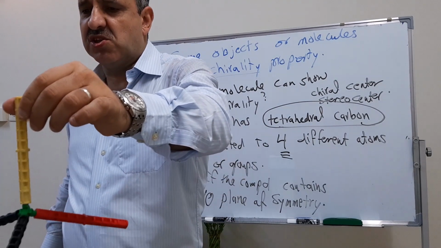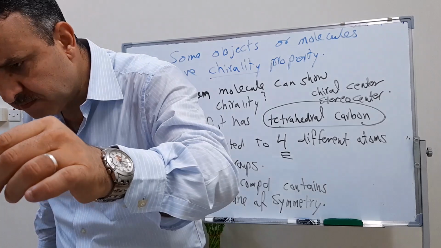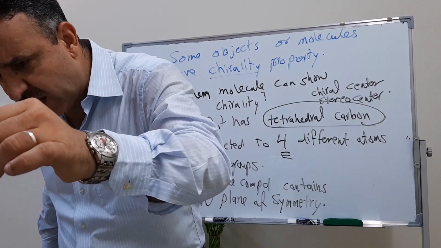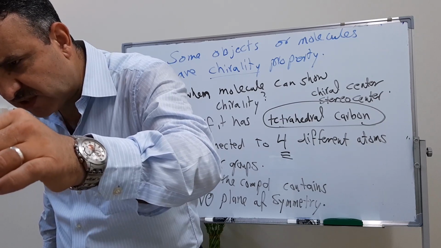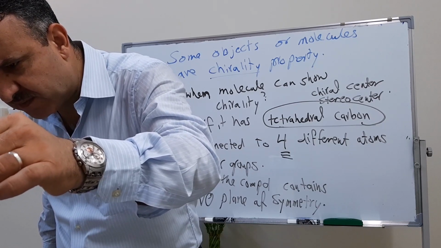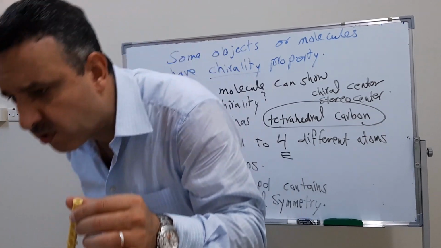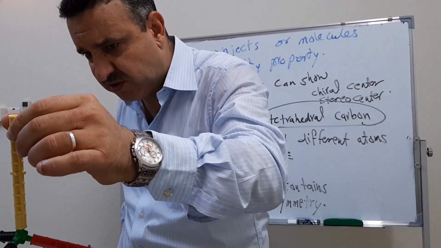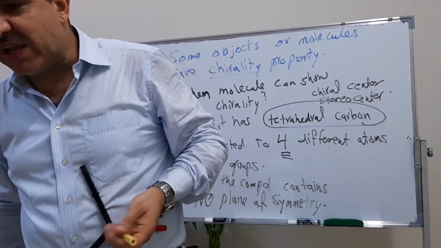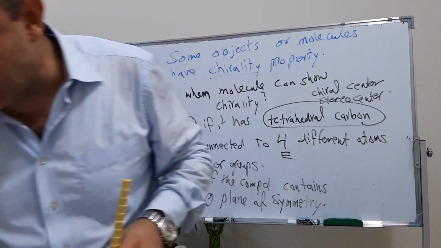Why does this molecule not have a stereocenter or chiral center? Because it's connected to three different atoms, but not four. Because not all groups are different.